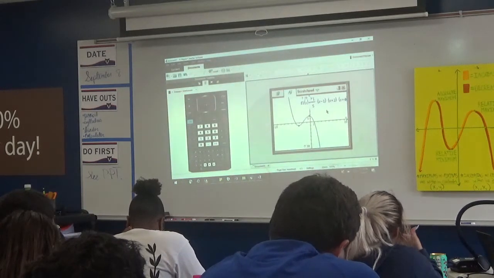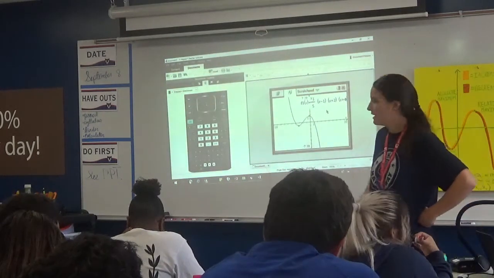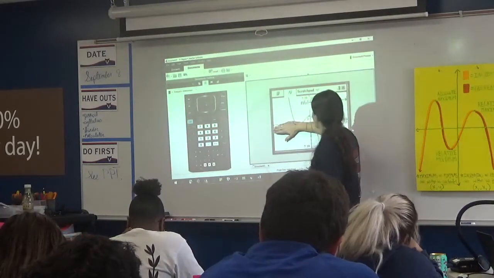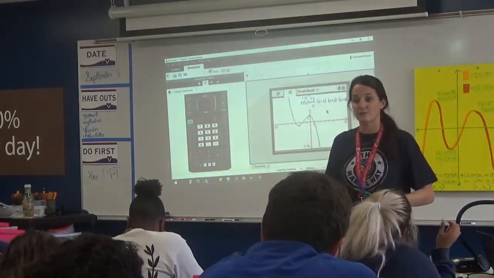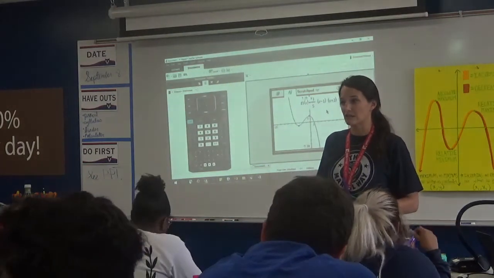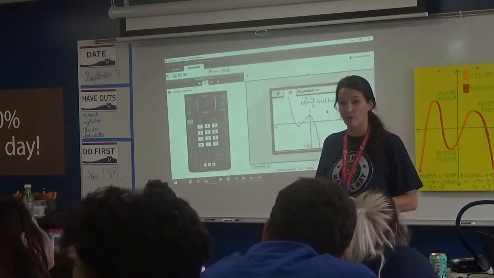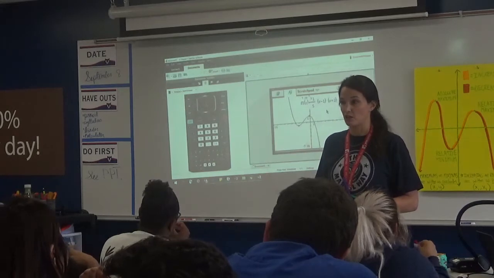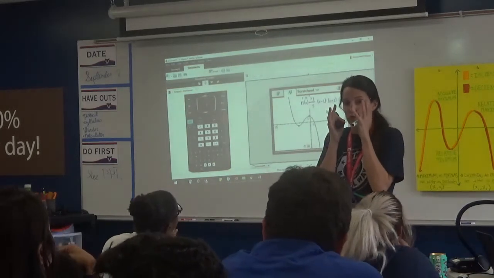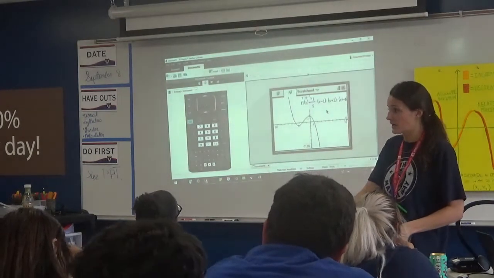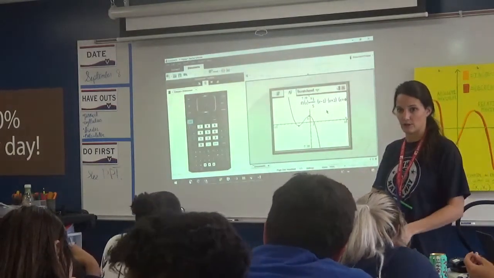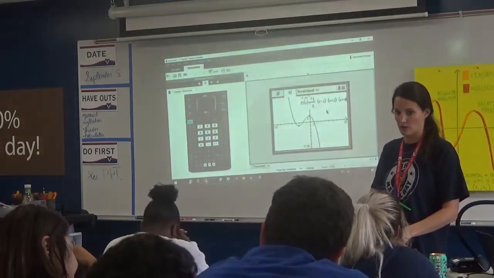You're going to notice in a second when you do one on your own, you're only going to be able to see part of it, and you might need to do some things with your window to see it. I don't necessarily recommend just zooming out because then you'll see it gets really squished up. You might just want to adjust your Y's and your X's manually, and I can work with you one-on-one as I'm walking around if you don't know how to adjust your window, okay?